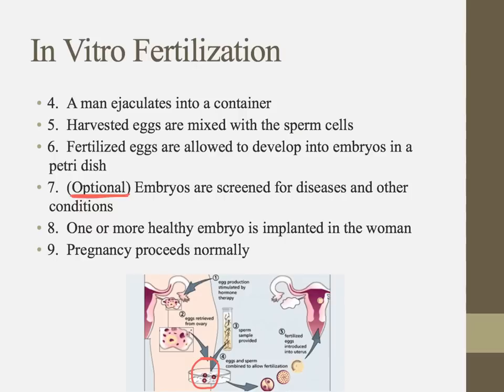Then we take one or maybe more of those embryos and place them in the uterus of the woman, and the pregnancy proceeds normally as if it had gone the traditional route. Basically, we did everything that normally happens in the fallopian tubes in a petri dish, and then put that fertilized egg, that embryo, back in the uterus.